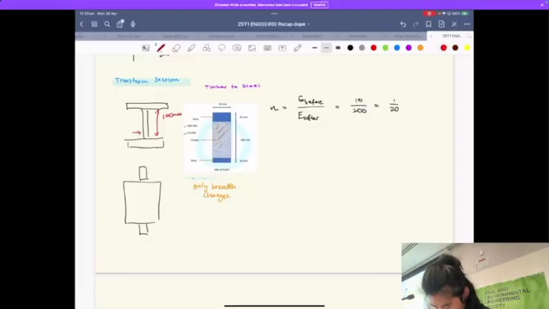And this width will change to 50 times 1/20. That's just B times n, and you only do that for your transformed sections.